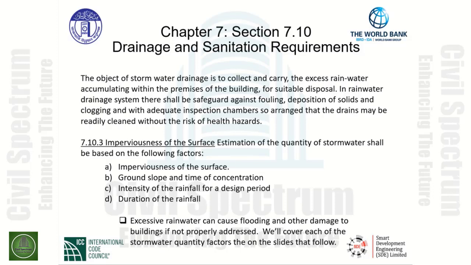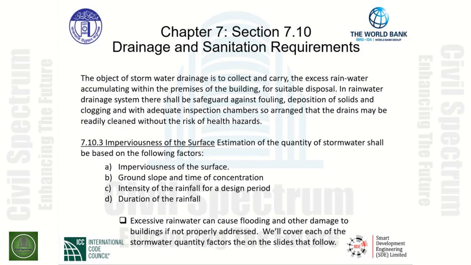Specifically, in Section 7.10.3, titled Imperviousness of the Surface, estimation of the quantity of stormwater shall be based on the following factors: the imperviousness of the surface, the ground slope and time of concentration, the intensity of the rainfall for a designed period, and the duration of the rainfall.